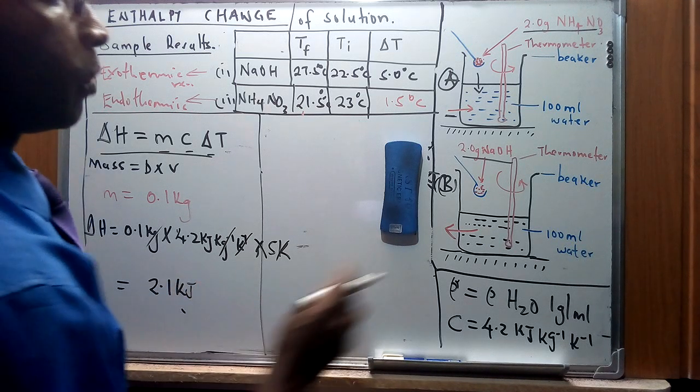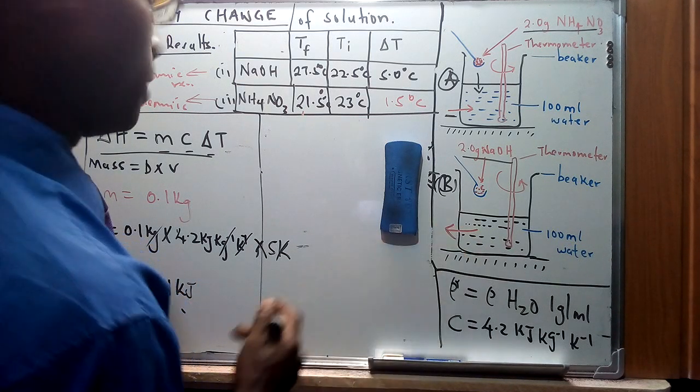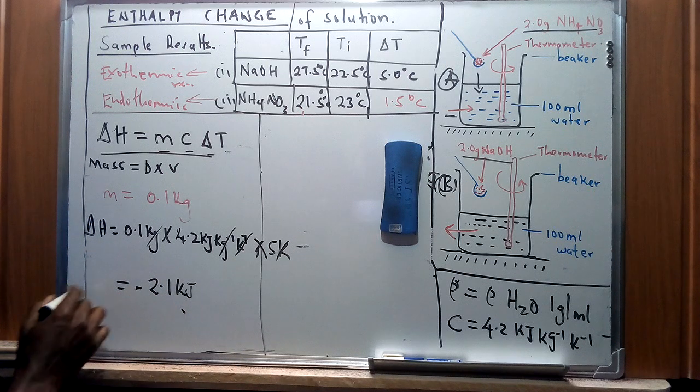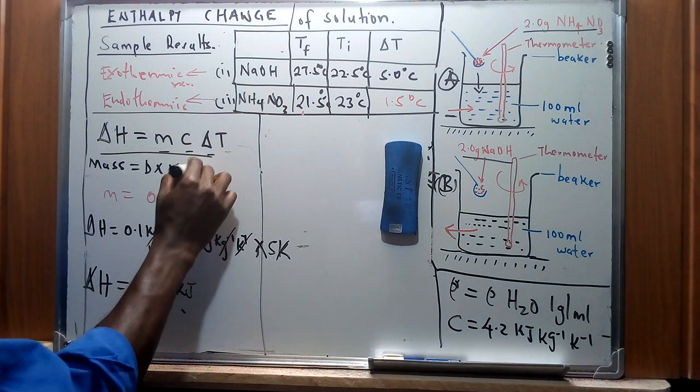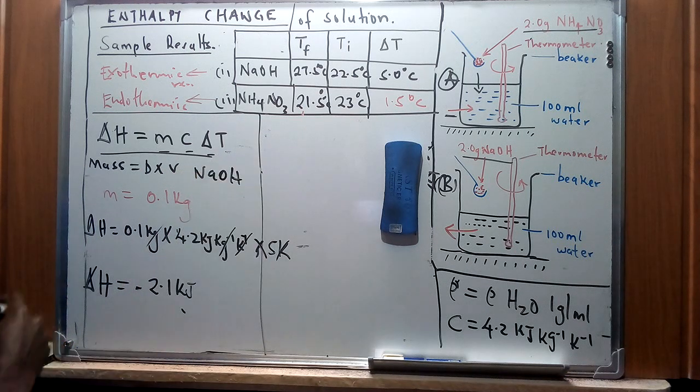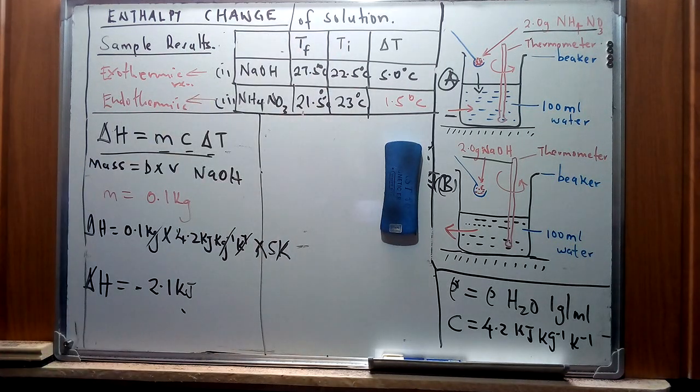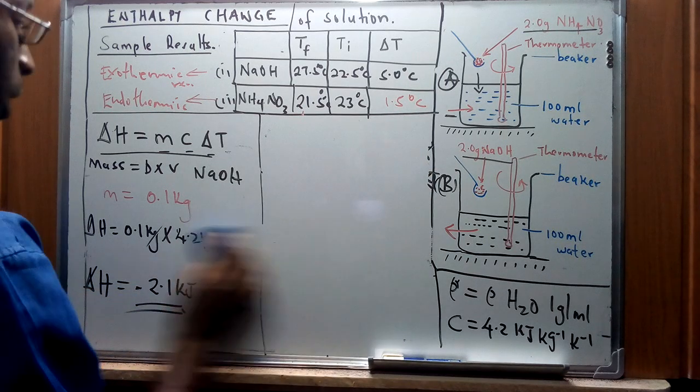But remember, we said that this heat is being dissipated, so this is going to be a negative value. So the delta H for sodium hydroxide is going to differ from the one for ammonium nitrate by this negative sign.